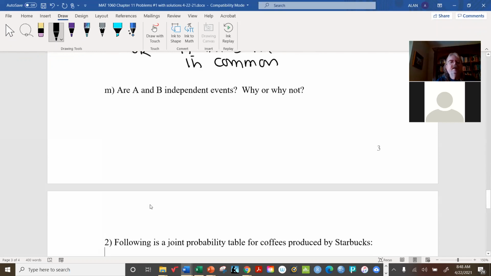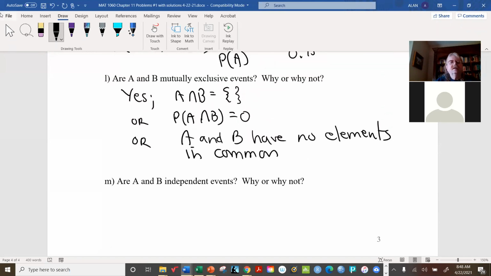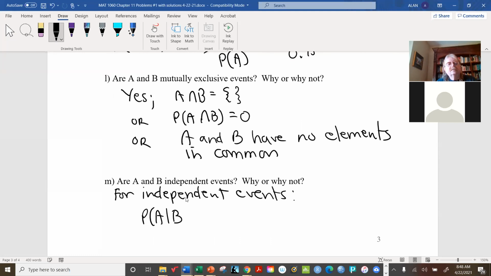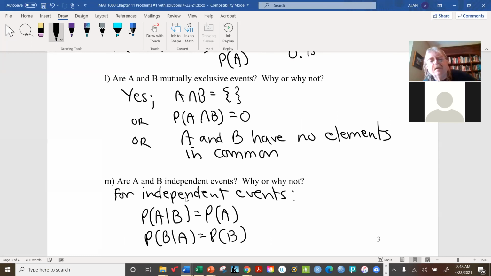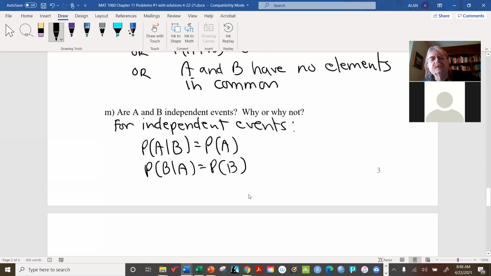And then finally, independence requires 2 things to be true. Now, for independent events, both of these two things are true.